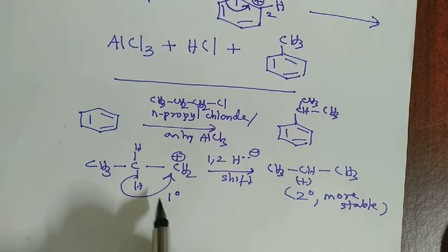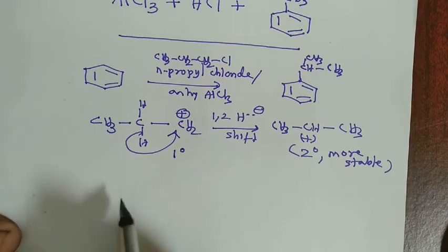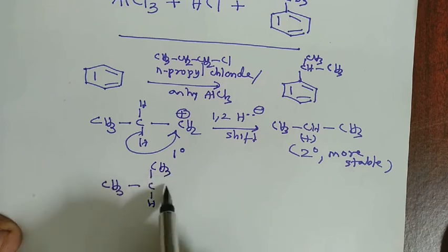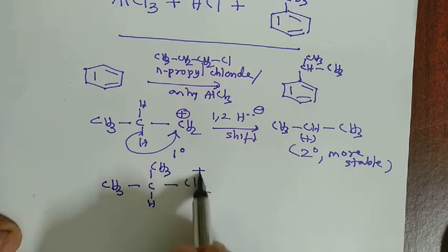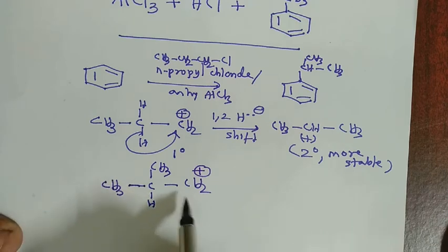So carbocations have a unique ability to undergo rearrangement in which a less stable carbocation is converted into a more stable carbocation. Another example for rearrangement of carbocation is this one.